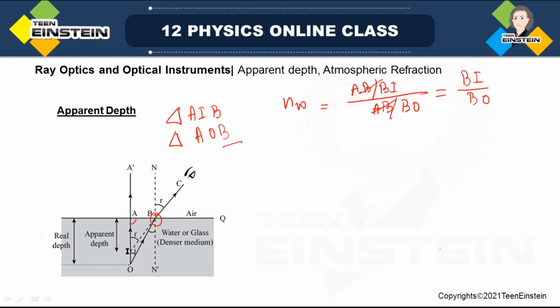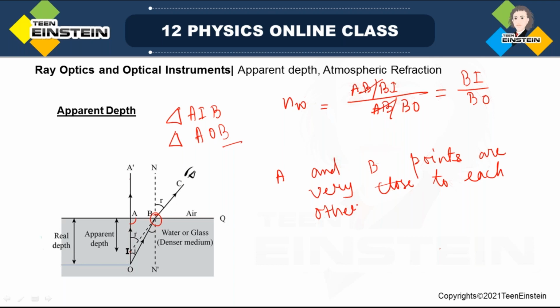So see, if we want to see this image, both these rays have to be entering to our eyes, and that happens when these A and B points are very close to each other. I hope you have understood this point what I wanted to tell, but I'll repeat it again.